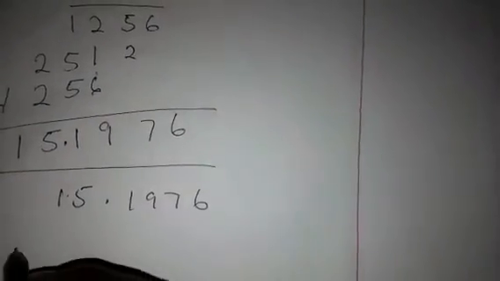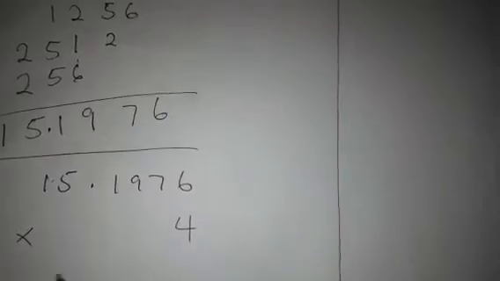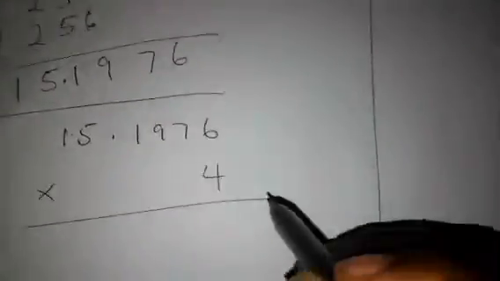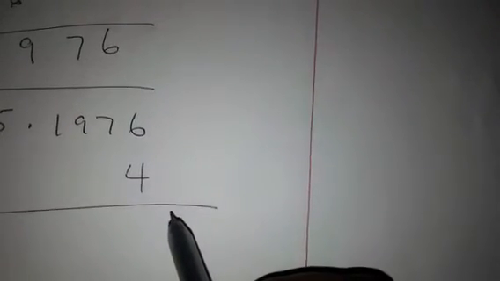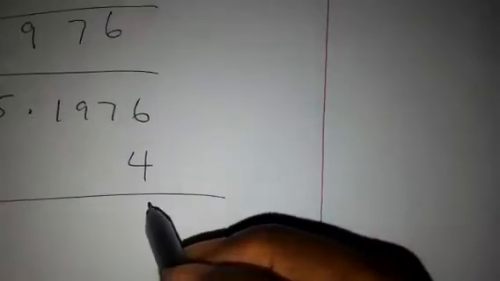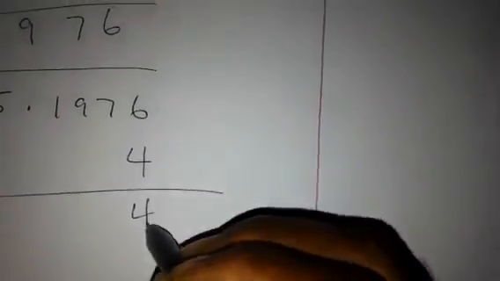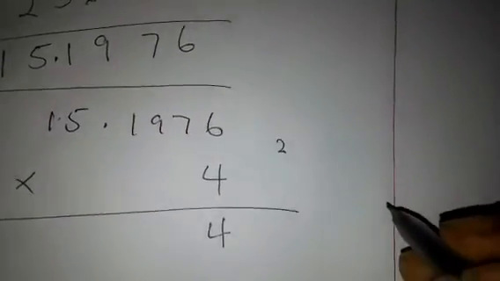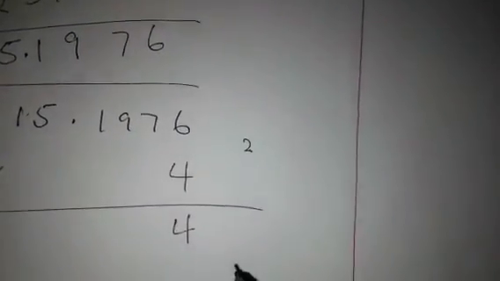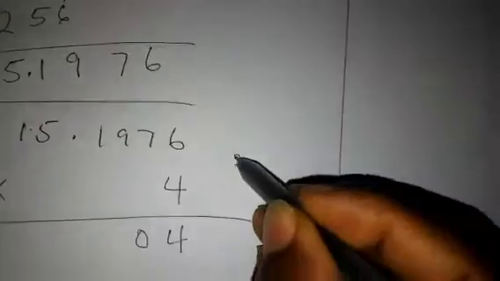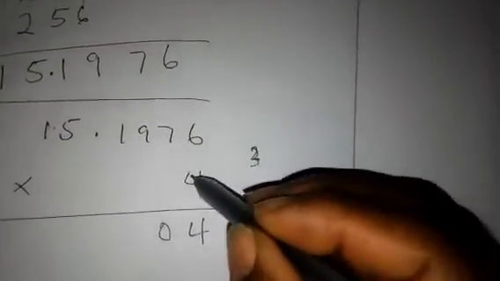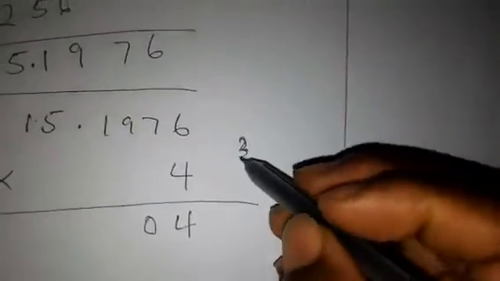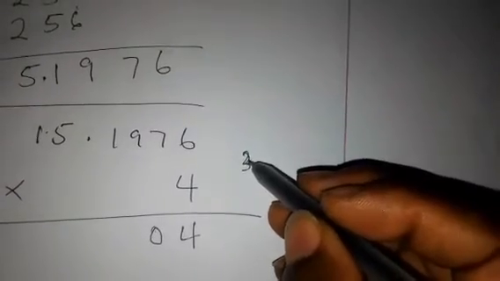15.1976 times 4 is going to be this. 4 times 6 is 24. You write 4, remainder 2. 4 times 7 is 28, plus 2, 30. You write 0, remainder 3. 4 times 9 is 36, plus 3, 39.